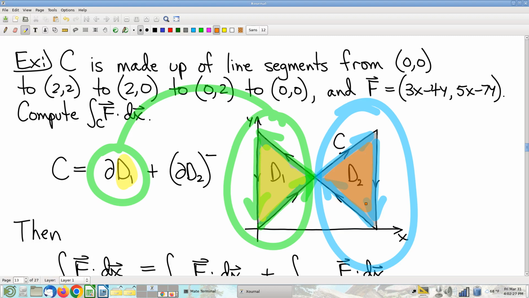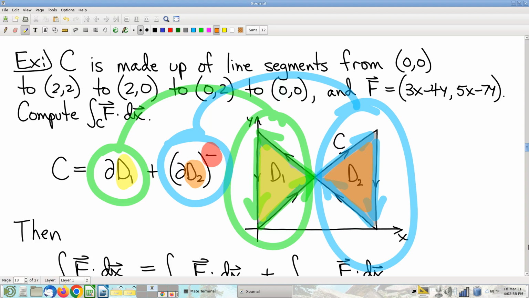It's oriented the wrong way, which is bad. But it's oriented exactly the wrong way in the entire curve. And so all it is, is the negatively oriented, the opposite orientation on the boundary of D2, the boundary of that orange triangle. How are we doing? Everybody with me?